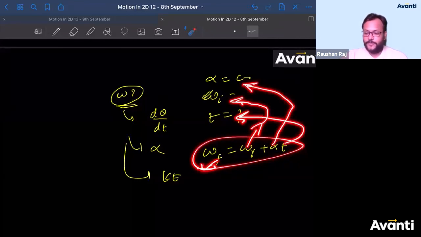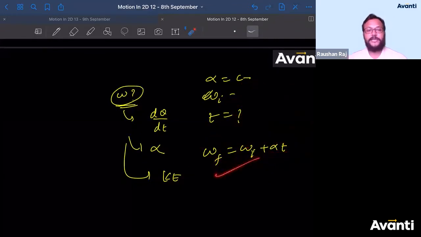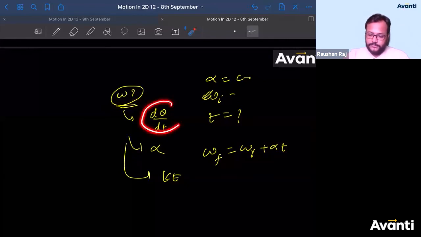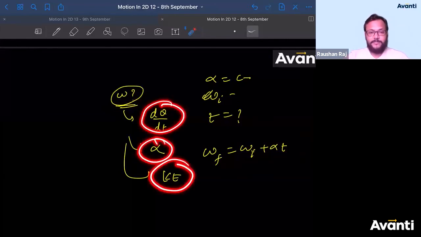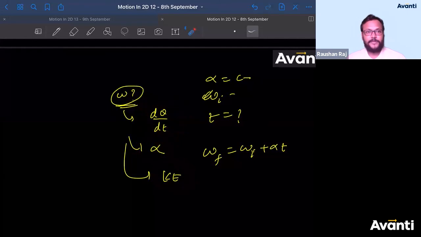So to get the value of omega f, I need to know these values, and these have been given to us. So I'll use this formula to get the answer. This is called the reverse mechanism. Everything will be done in your mind. See what are the parameters that are linked with this. Look at the data that has been given to you, and then decide which formula will be helpful.